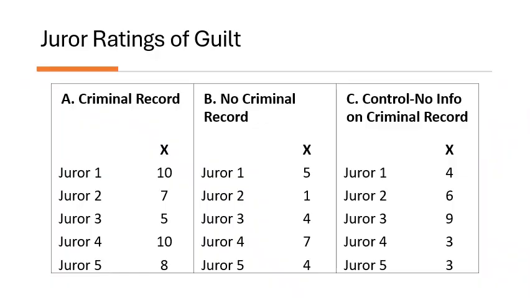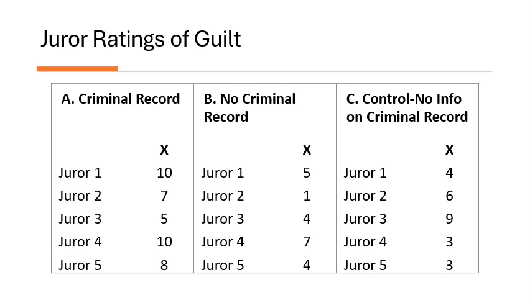So here are the data that we've collected. In these 15 individuals, we had 5 assigned to condition A with a criminal record, and you can see their ratings of guilt. We had 5 assigned to condition B, where they saw an information sheet that said the defendant had no criminal record, and you can see their ratings of guilt.